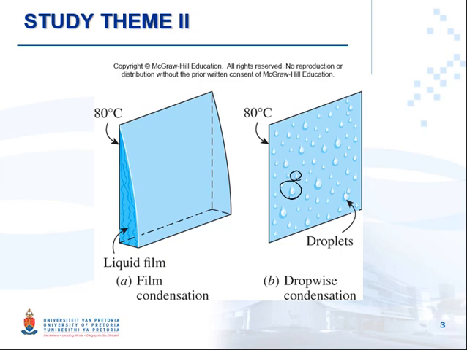It has to be sustained. So they tried different vapor additives and different surface coatings, but they were not successful. So it is common to assume that film condensation will happen in the design of heat exchanger equipment. So let's go a little bit deeper into film condensation.